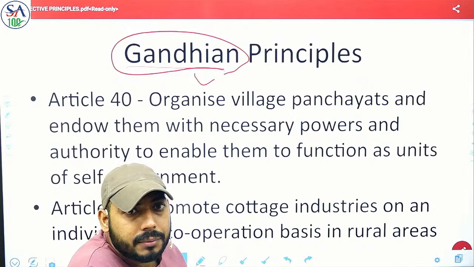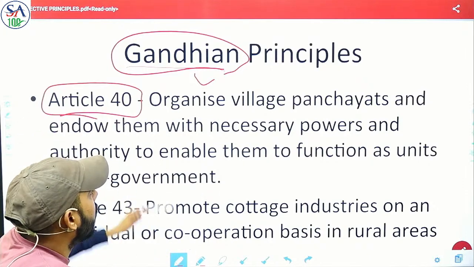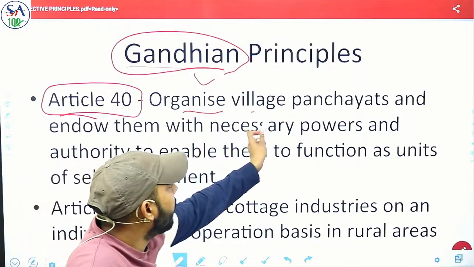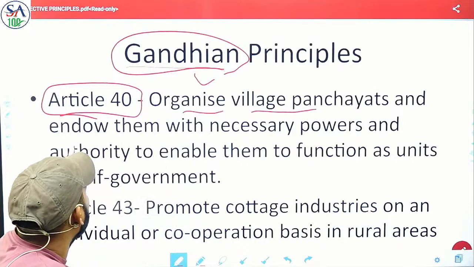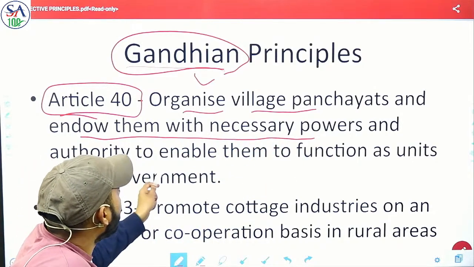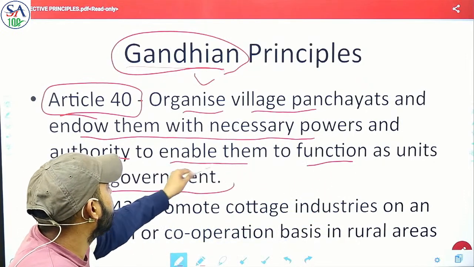Let's start with Article 40. What does Article 40 say? That the state shall organize village panchayats and endow them with necessary powers and authority to enable them to function as units of self-government.